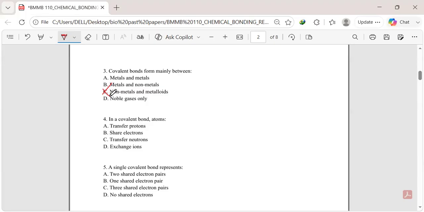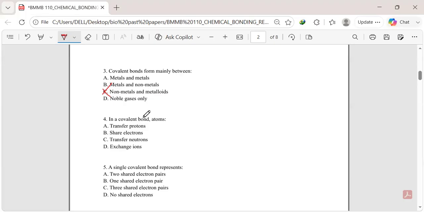Then option B is describing an ionic bond, where metals and non-metals form a chemical bond. Okay. Then we have D, which is just noble gases. They are stable gases. They do not need to merge or bond with others.